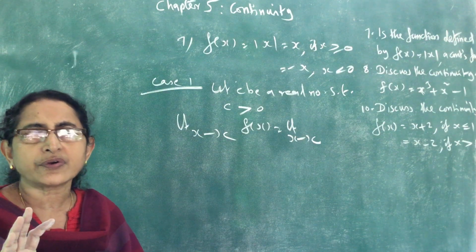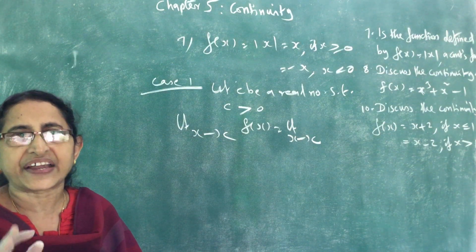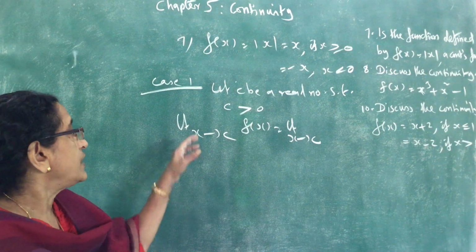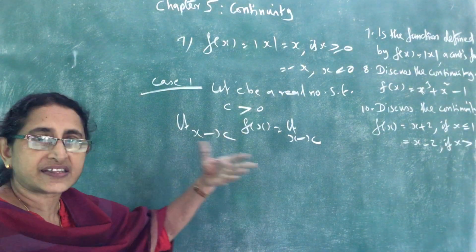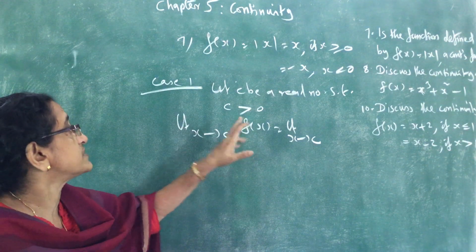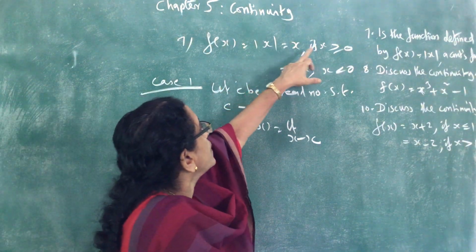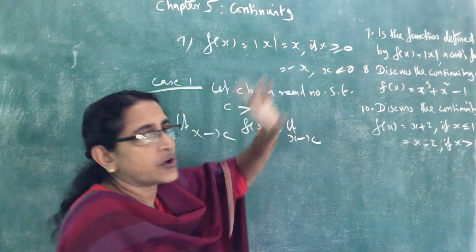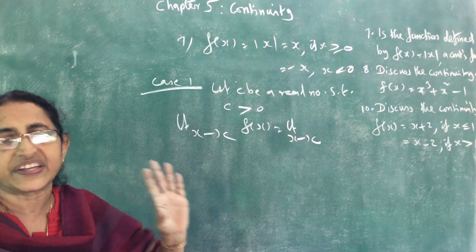So there is no need to find the left and right hand limits at x equal to C. We want to find only the limit directly, because when x is less than C or greater than C, the function has the same value. C is a number greater than 0. When x is greater than 0, it has only one value. So we have to find only the limit directly.